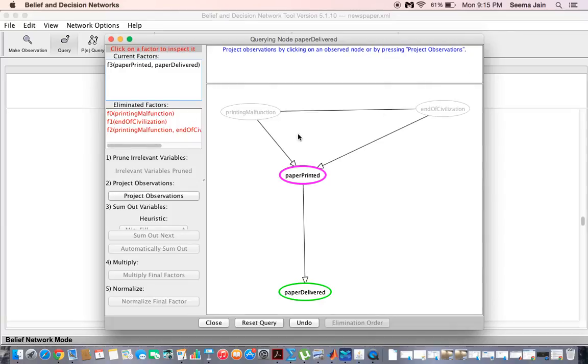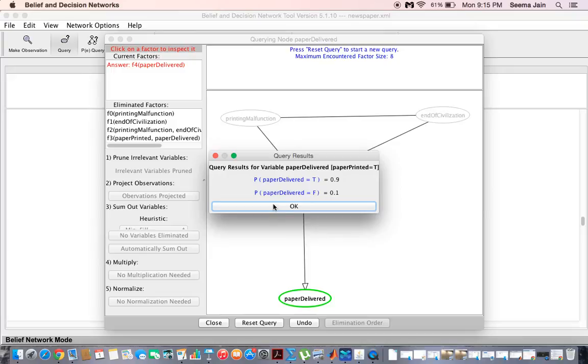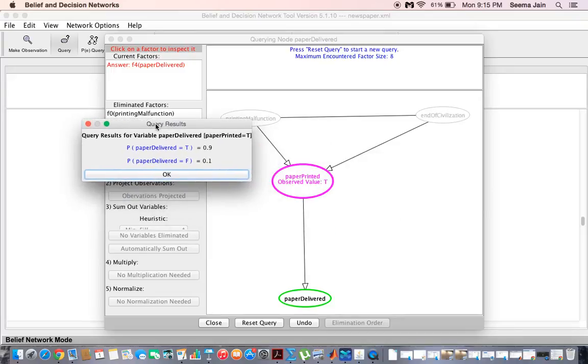So I prune my network, and this is the only network that I need to consider. I project observations, and I get the result. So paper delivered is true with a probability of 0.9 if I observe that the paper printed is true, right?